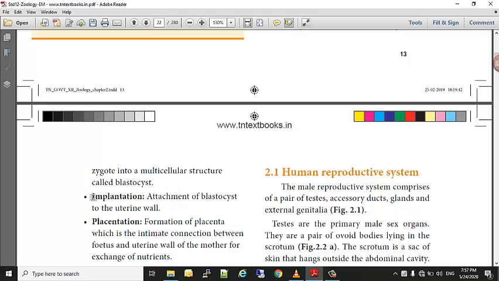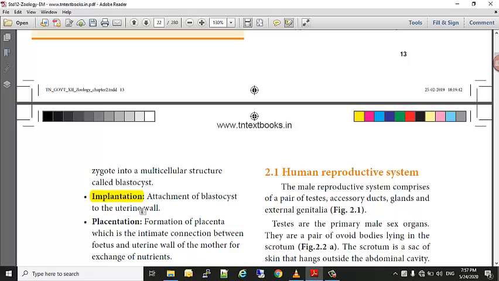Next is implantation. The blastocyst, an aggregated mass of cells, travels and gets attached to the uterine wall, and that process is called implantation.